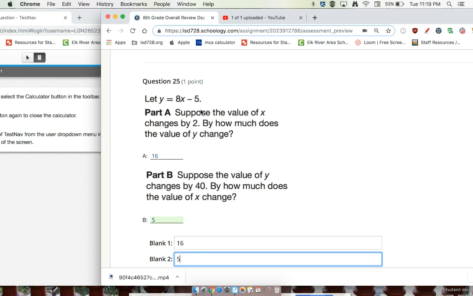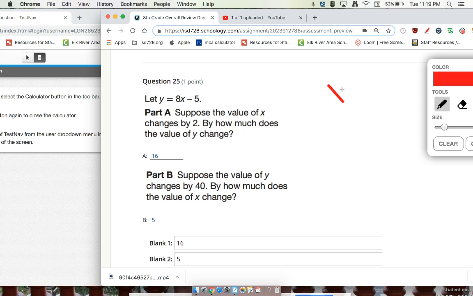Notice, 8th graders, that my strategy here was an input-output table, my x and y table. So what I did is just picked a value. You could do, since x changed by 2, you could go 0 to 4, and you change it yourself. Figure out your y and compare.